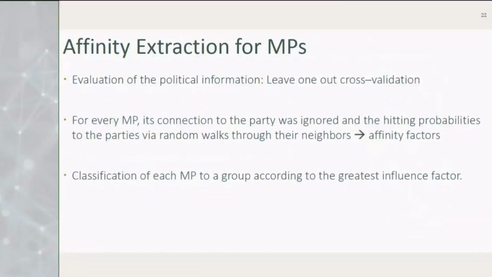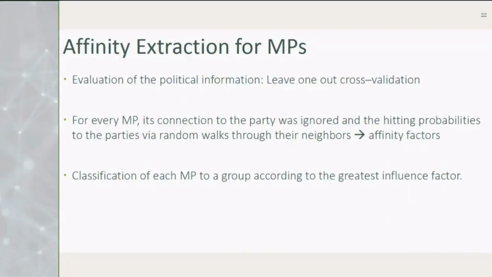However, in the initial phase, where we tried to evaluate whether our method made any sense, if we could extract any political information from the projection, we chose to maintain the relationship between the MPs and use a leave-one-out cross-validation technique.